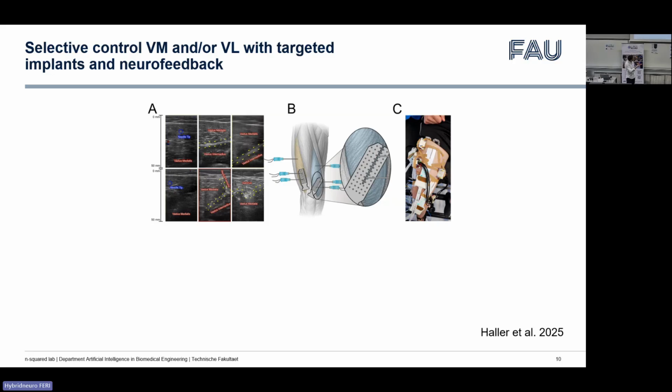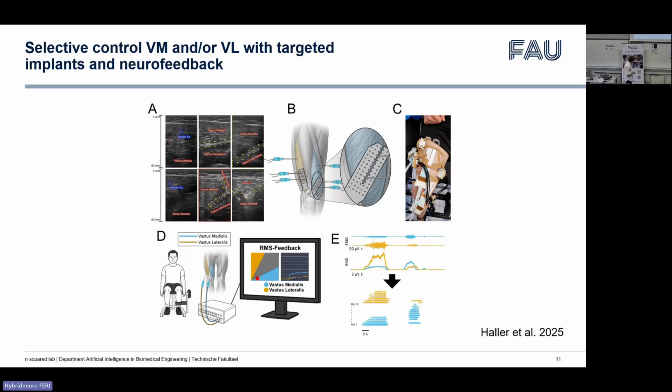And then this is the experimental setup. We implanted 7 of these sensors together with the surface imaging. You can see here that the surface imaging grid has a cut because here was where we implanted the electrodes, so we have a very similar task. And then we designed a neurofeedback.